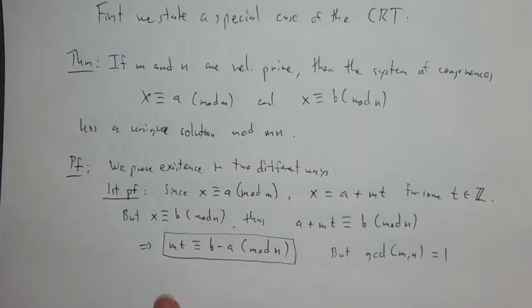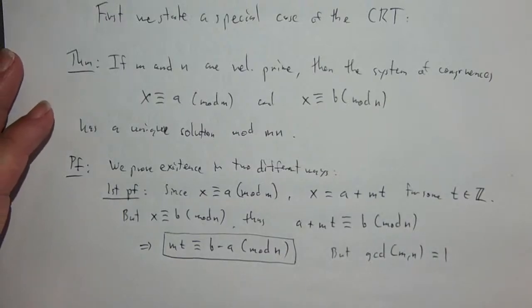But since the GCD of m and n is 1, by our big theorem that tells us exactly how linear congruences might be solved and how many distinct solutions I have modulo some integer, this says that it has a unique solution. As I mentioned, this was that corollary of that big theorem that I said was by far the most important special case of that theorem.